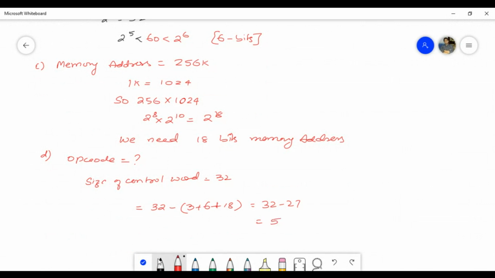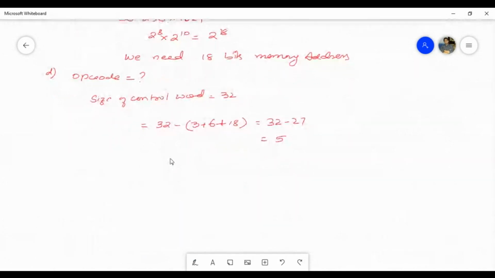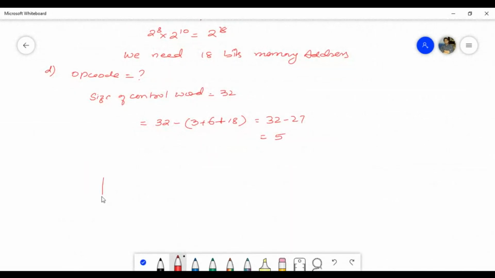So let us arrange properly. The size of the control word is, so we will arrange accordingly. The mode field is 3, yes or no?